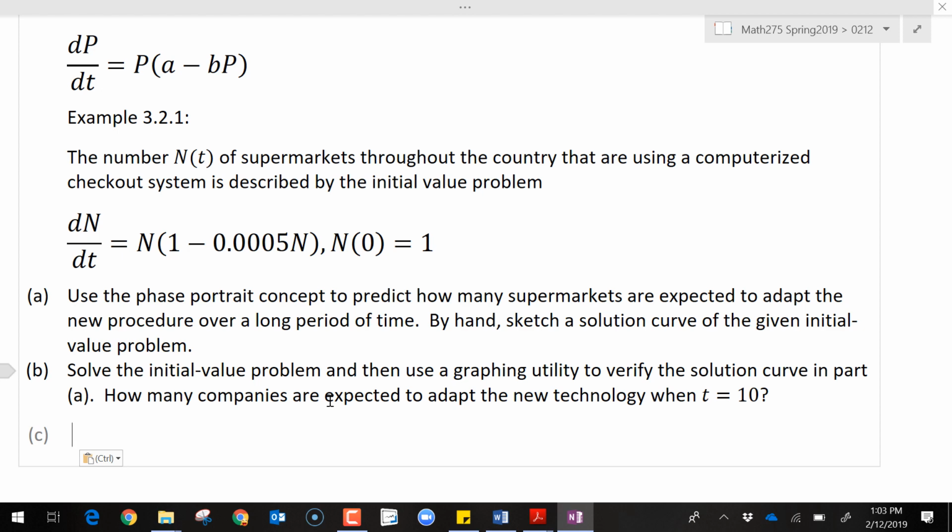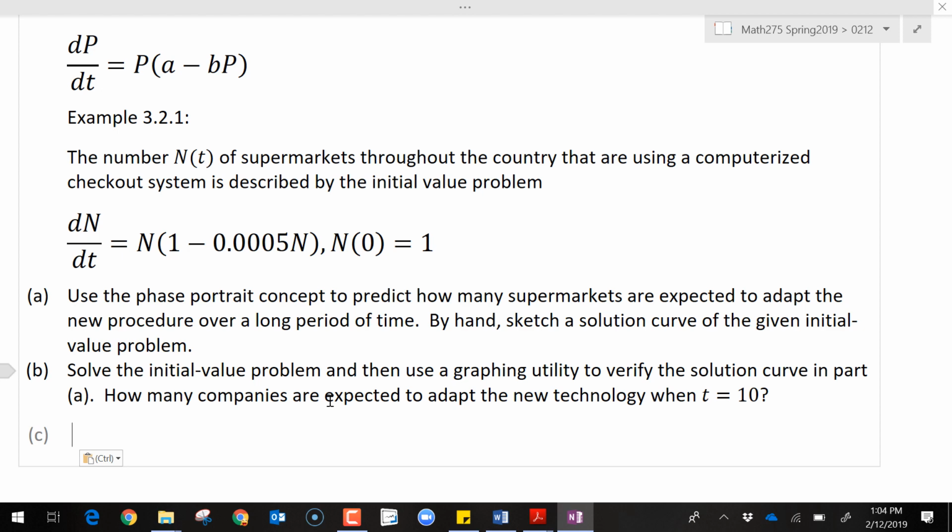What kind of differential equation is it when you only have the dependent variable involved and not the independent variable? This is called an autonomous differential equation. And with autonomous differential equations, you can do a phase portrait for it.